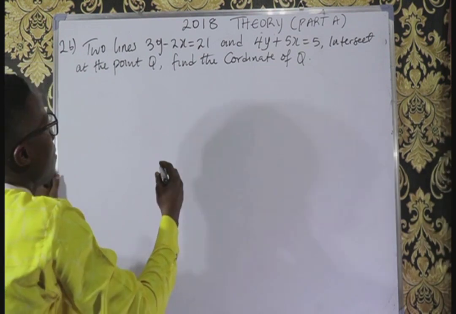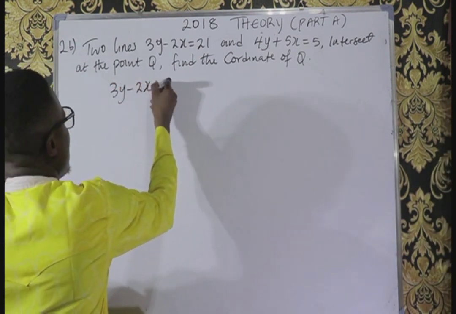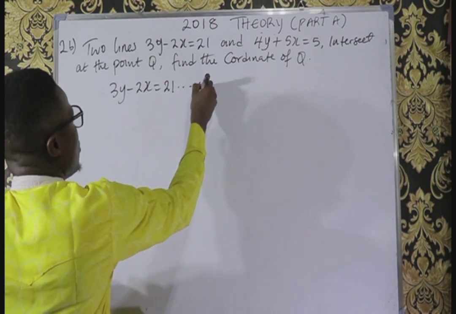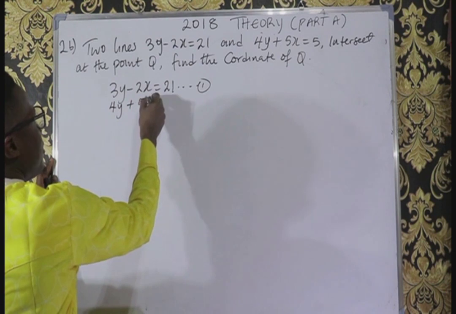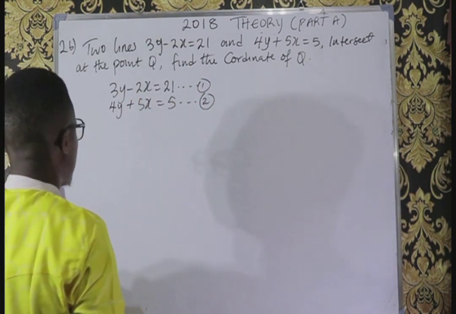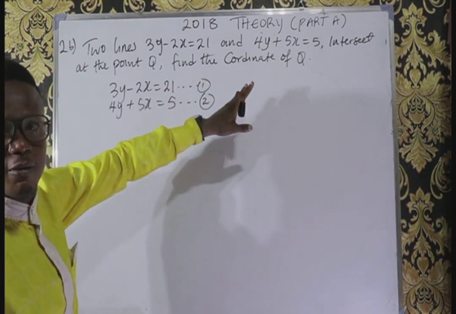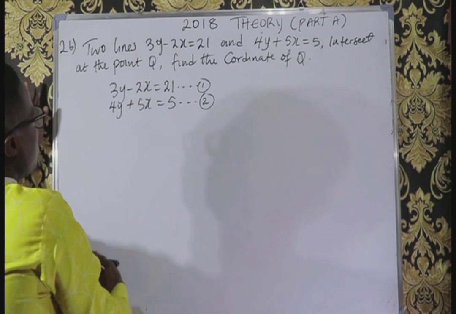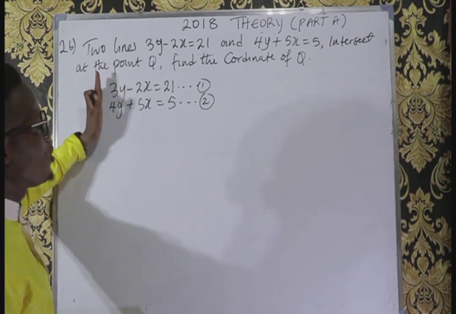Okay, so now we can just have 3y minus 2x equals 21 as our equation 1, while we have 4y plus 5x equals 5 as our equation 2. To solve this simultaneously, the values of x and y will give us the coordinate of Q. To solve simultaneously here, the variable I need to eliminate must have the same coefficient.